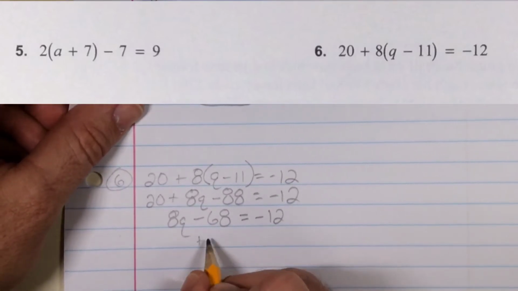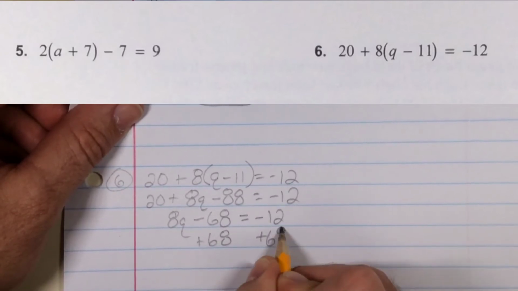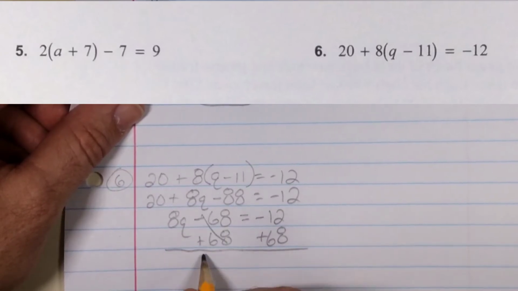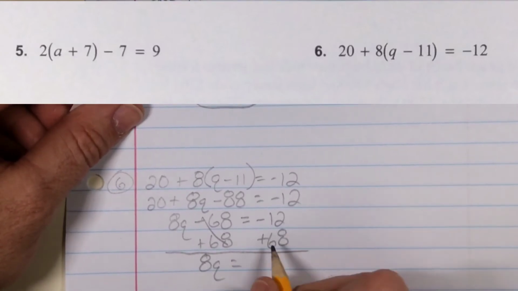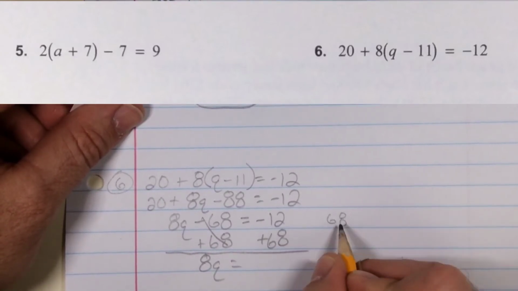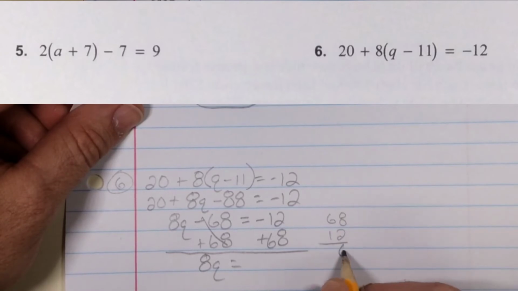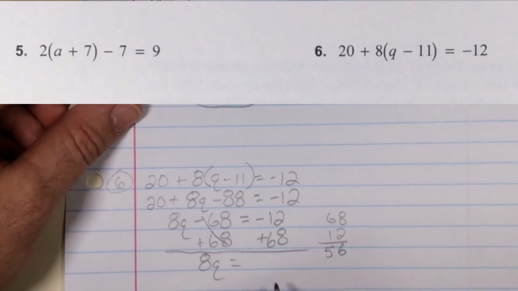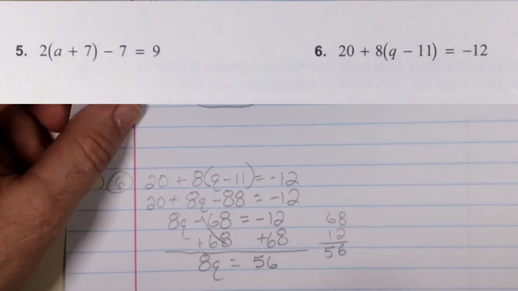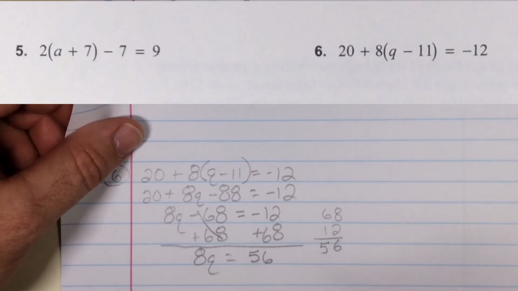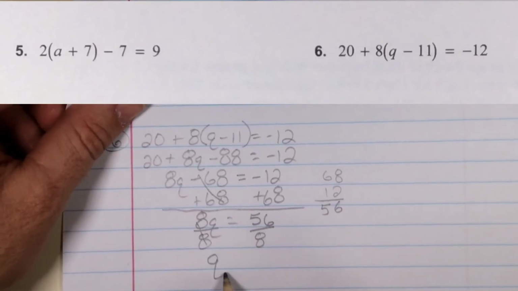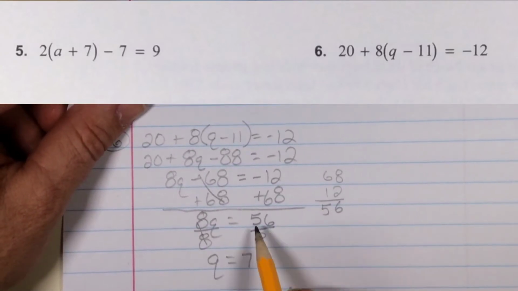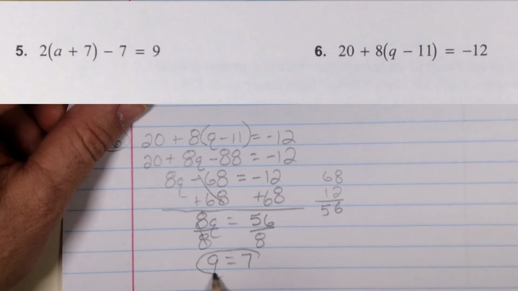Now I'll add 68 to both sides. 8q equals different signs, so I subtract. Remember, when I subtract, I should put the larger number on top. Do the subtraction. 56. Positive, because the positive number had the larger absolute value. Now I divide by 8, and q equals 7. 56 divided by 8, 7.